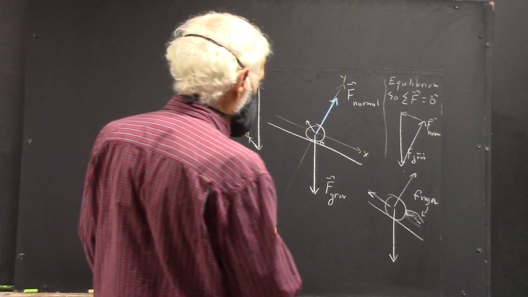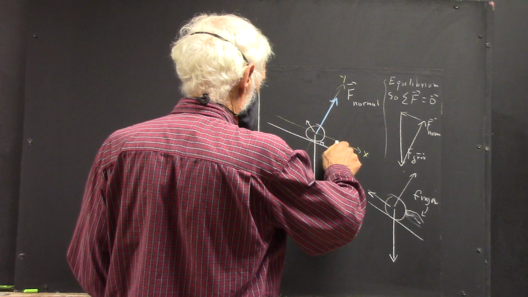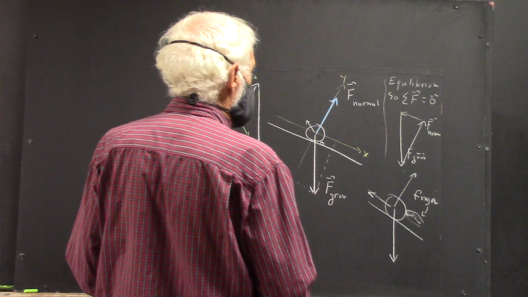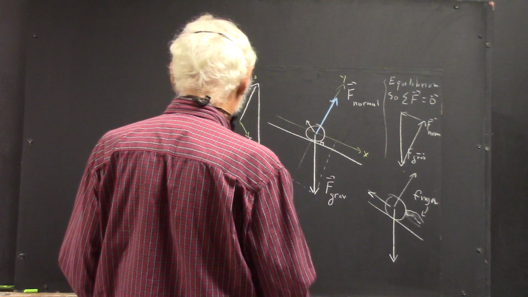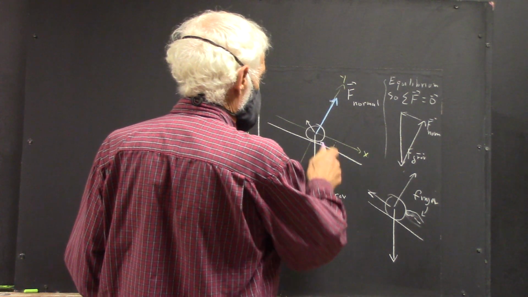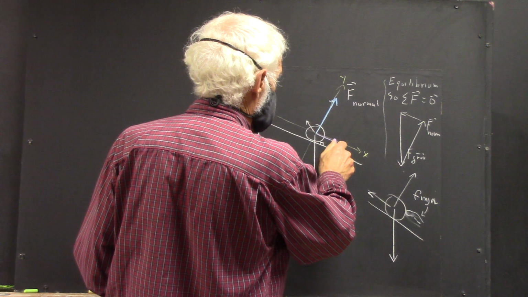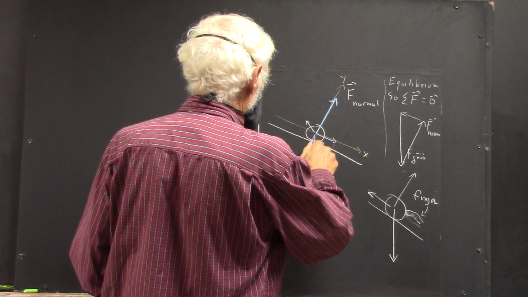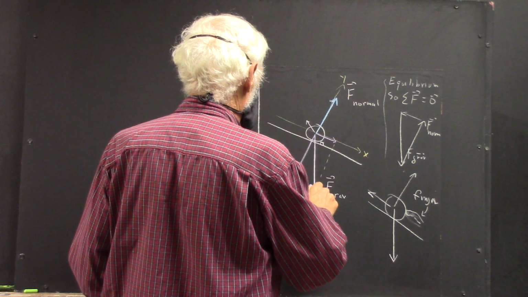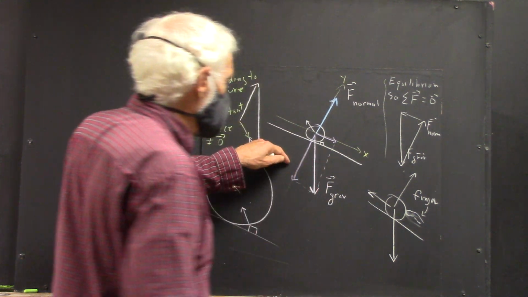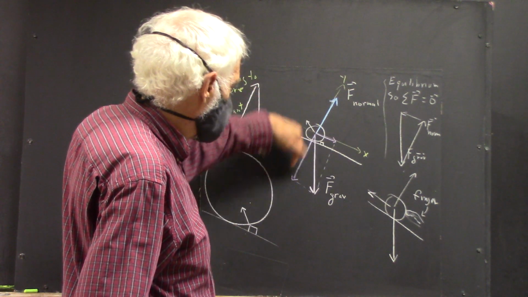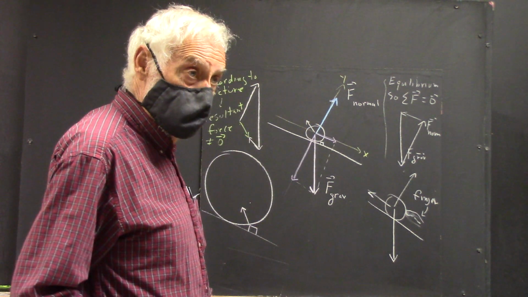So the gravitational force is equivalent to a force acting down the incline and another force acting in the negative y direction.